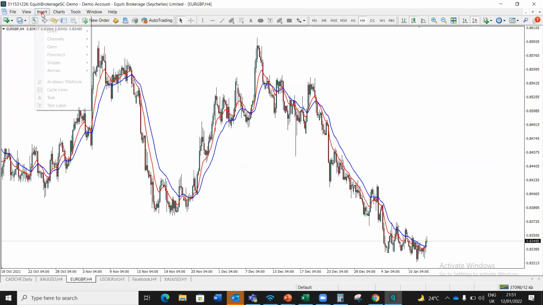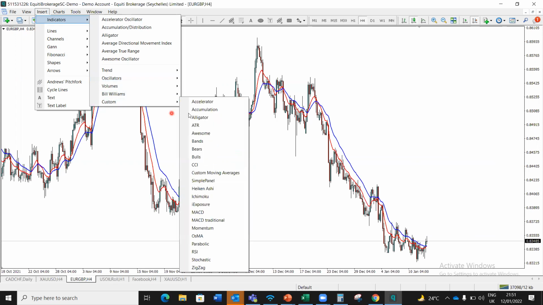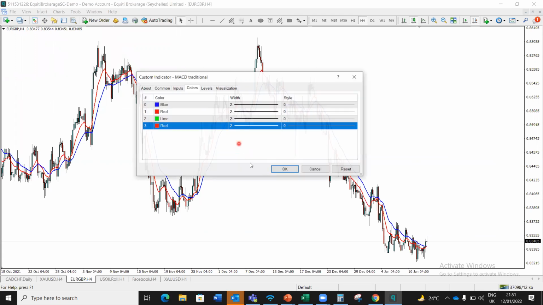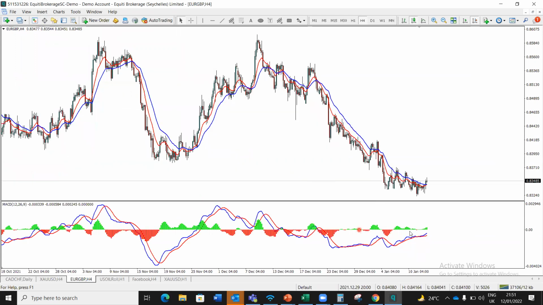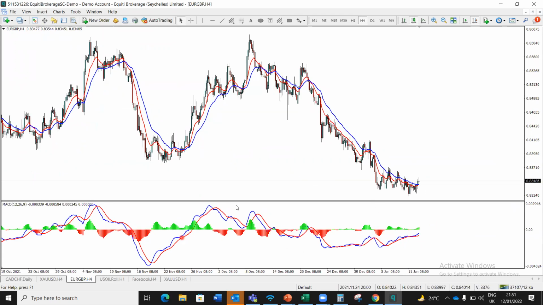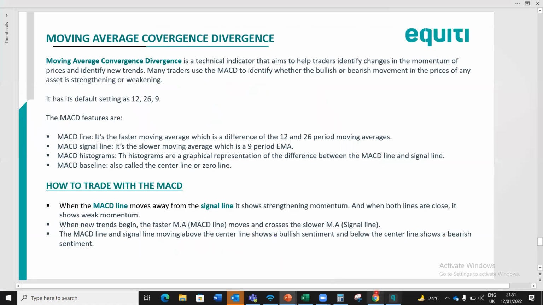Close. Now insert indicators, and I can come to custom. I already have the MACD here. Beautiful. So this is the MACD. Let's explain how the MACD works.